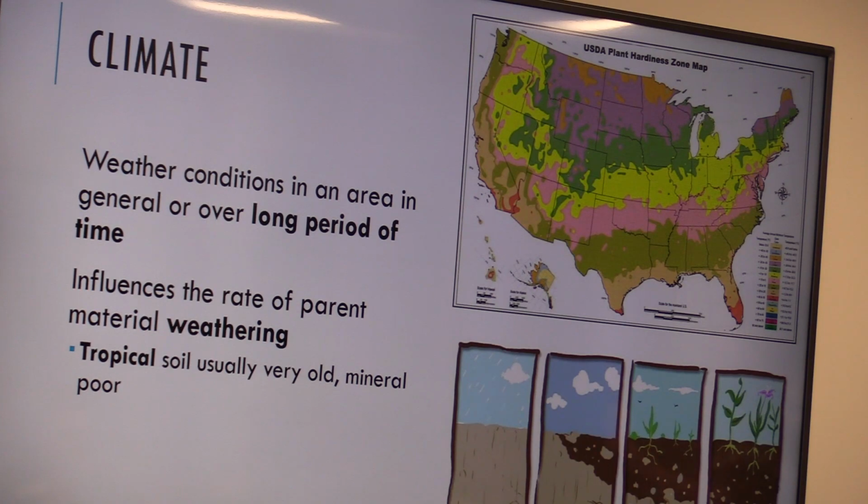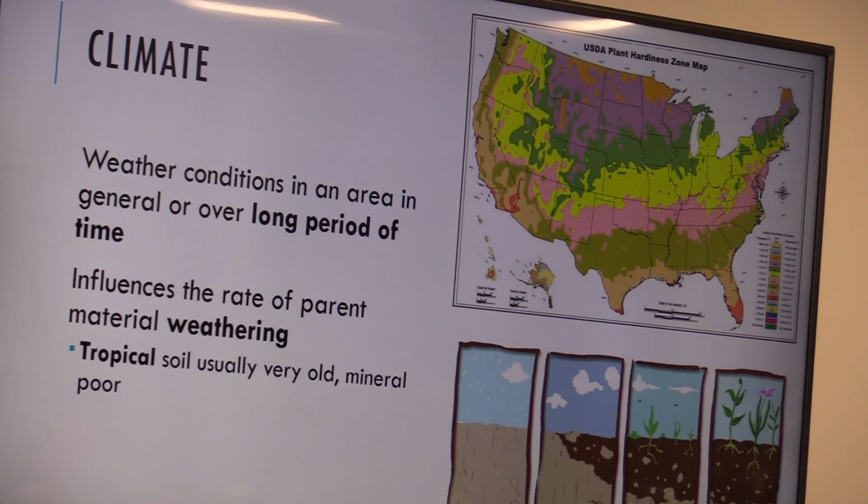So weathering of the parent material is controlled by climate. If we look at tropical soils, they're really old, but they're nutrient and mineral poor. Really the only place we're going to see something like that is southern Florida. But if we go down through South America, those soils are really, really old, but all of the nutrients have been washed out because they have so much water.